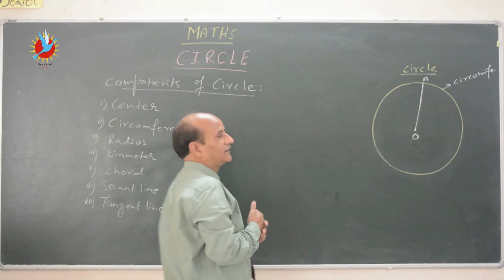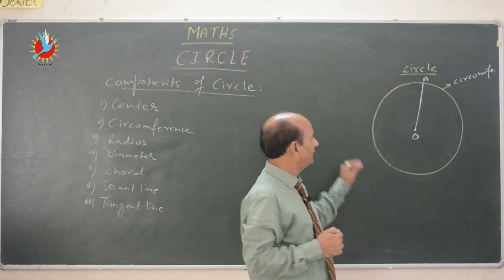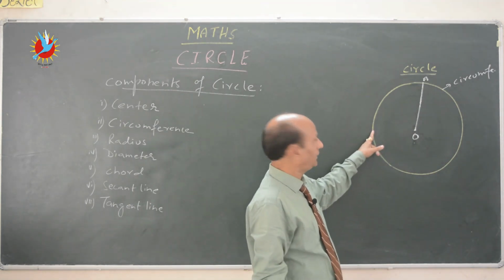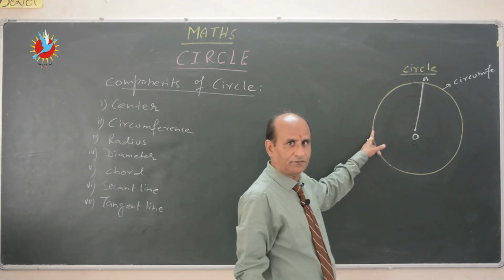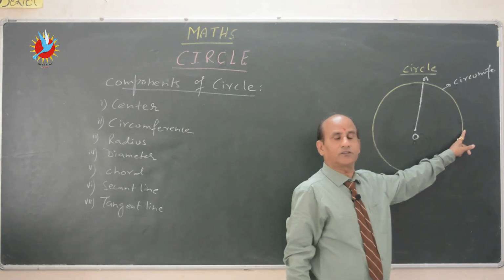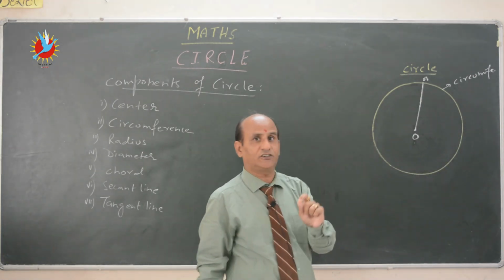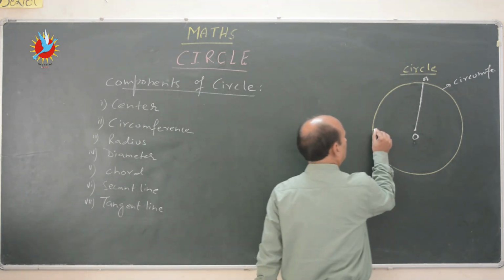Fourth one is, what is diameter? Diameter is a line segment from one point on the circumference to another point on the circumference, but that line segment must pass through the center of the circle.